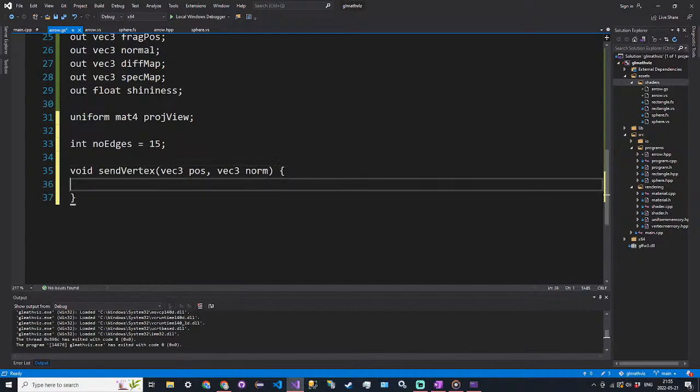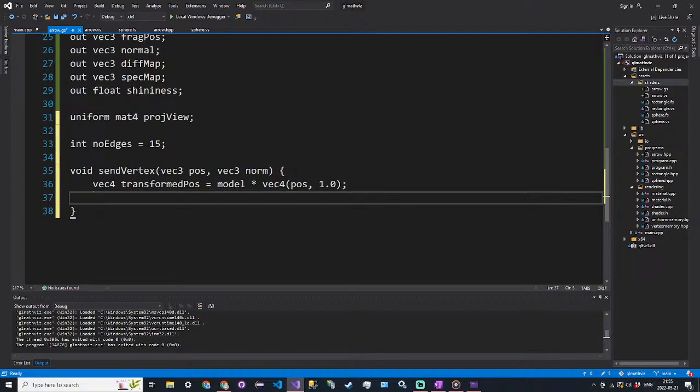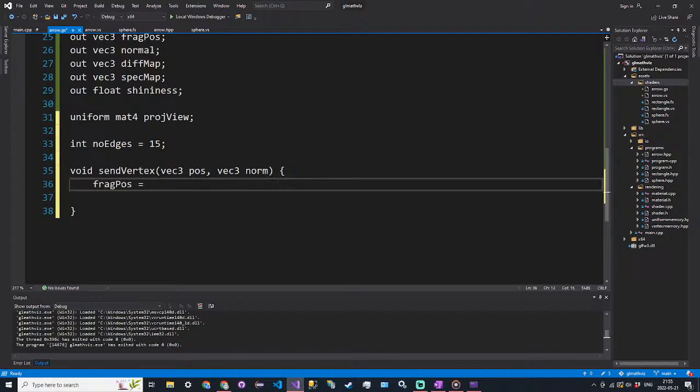And we're going to look how to calculate the normal in a second. But we're first going to calculate the transformed position is equal to model times vec4 position in 1.0. And this is set to the fragment position, or actually we can just say, we can set fragment position is equal to model times the position.